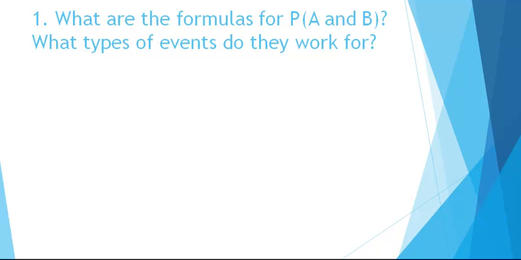Here you're just typing in the different formulas for the probability of A and B, and you can just type those into the upper left poll.